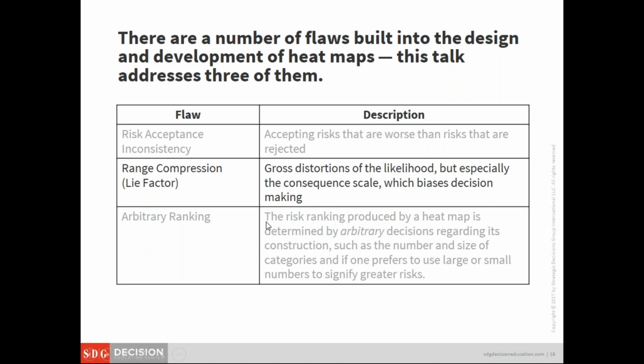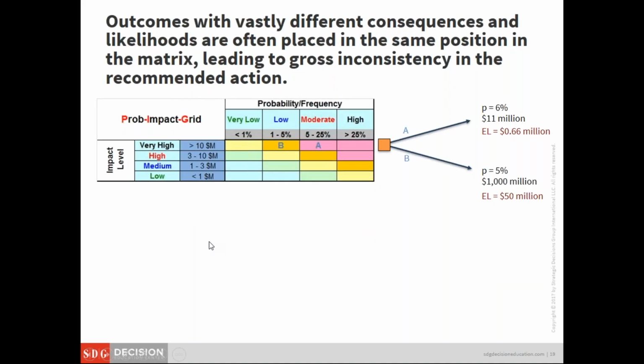We'll talk about that in some more detail. And then the last piece is I'll demonstrate how arbitrary decisions that you make about the design of the heat map, when you're building the heat map or the risk matrix, can change the ranking of the risks.